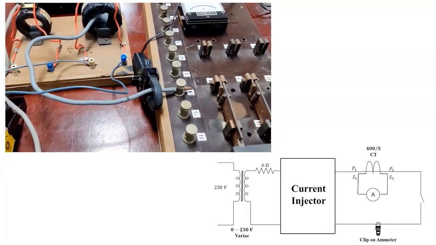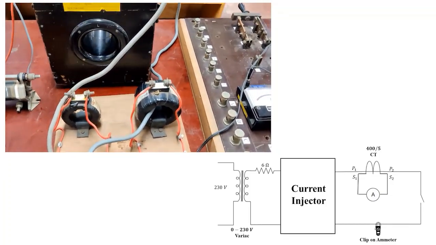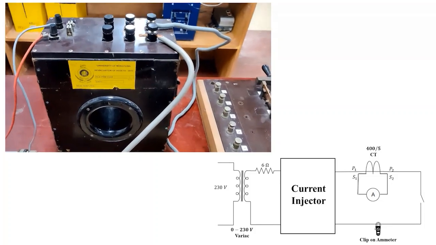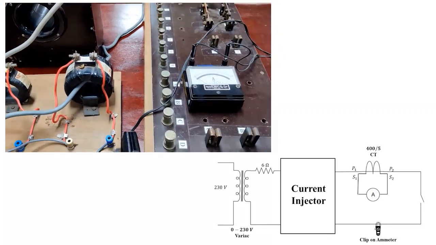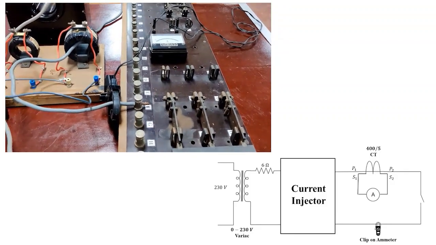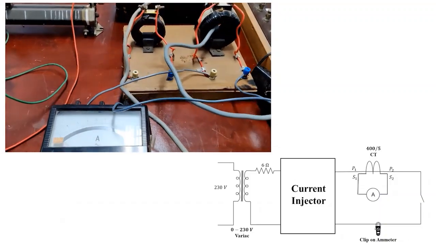Here we are using a thick wire since we have to pass a 50 ampere current. The current through this conductor, which is the primary winding of the CT, is measured by a clip-on ammeter, and another ammeter is connected to the secondary terminals of the CT.